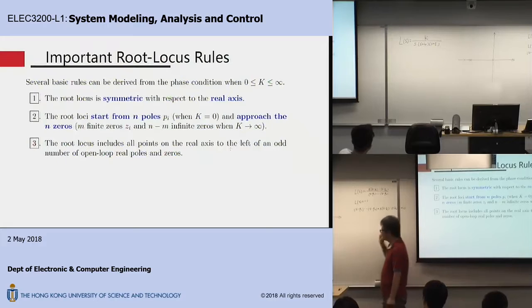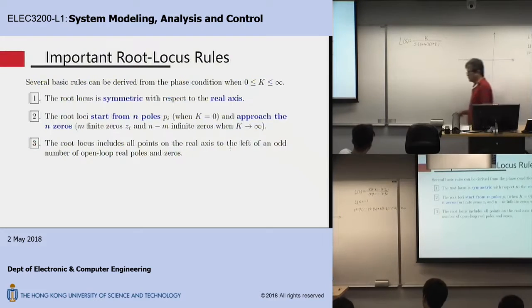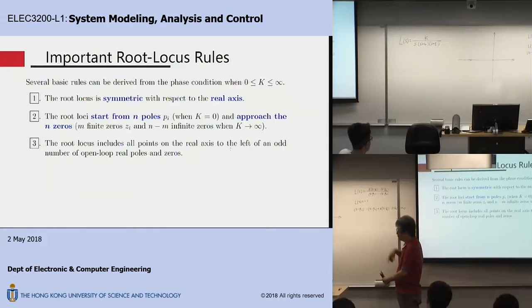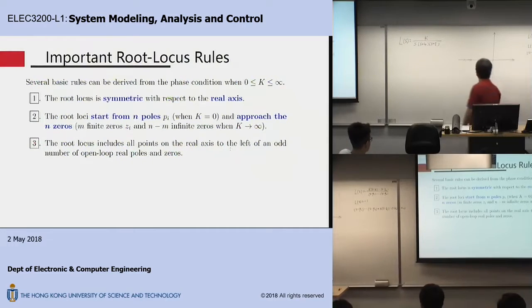Well, it turns out that some of them will be approximately equal to zeros, but some of them will actually be huge. It will be like a kind of infinity. So that's why we say that the root locus starts from n poles and goes to the finite zeros or the infinity. How it goes to infinity, we are going to worry about that later.